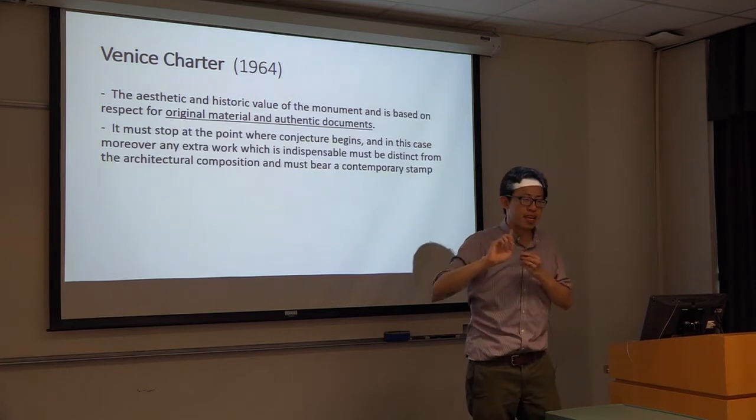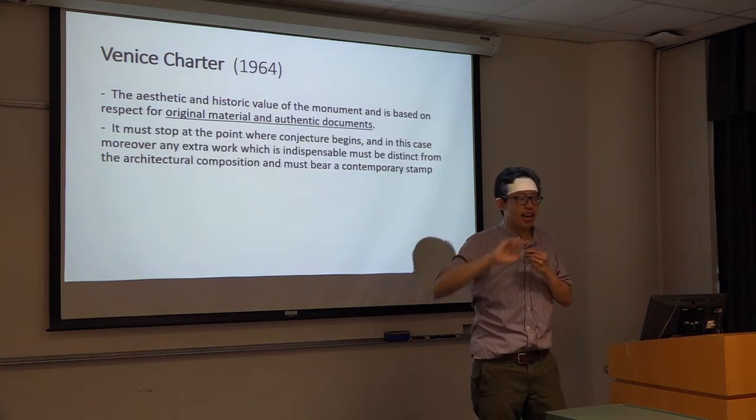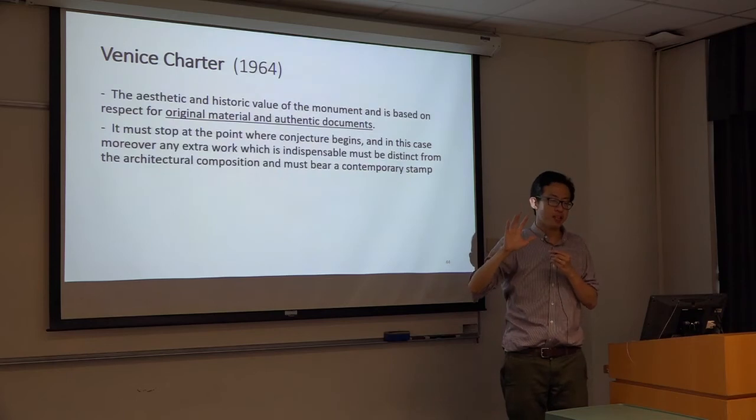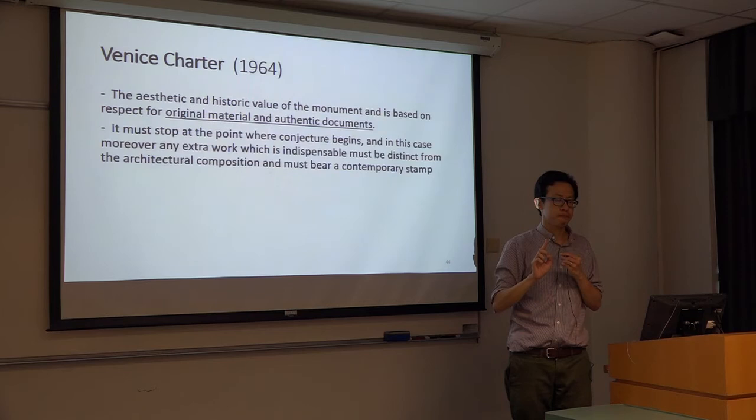It's basically very Eurocentric. According to that kind of concept, there is only either true or false in the whole world. If it is not original, then it is fake.